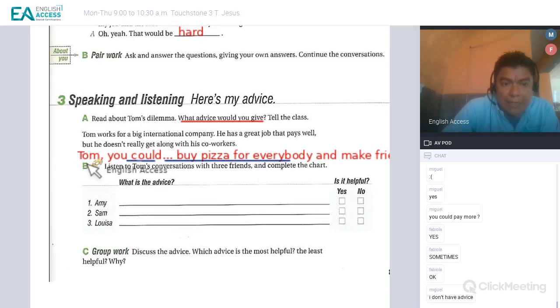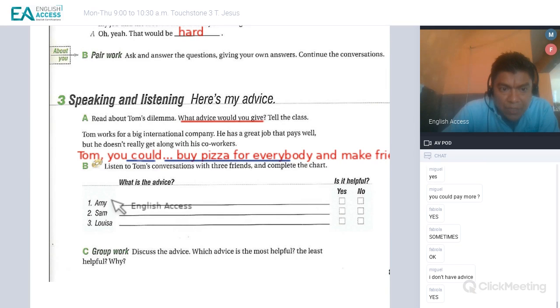So, next exercise is B. Listen to Tom's conversations with 3 friends and complete the chart. Okay? What is the advice? So here we write advice. Yes, guys? I'm gonna check lines for you. Here, you have to write an advice. How do you write an advice? Do you remember how?